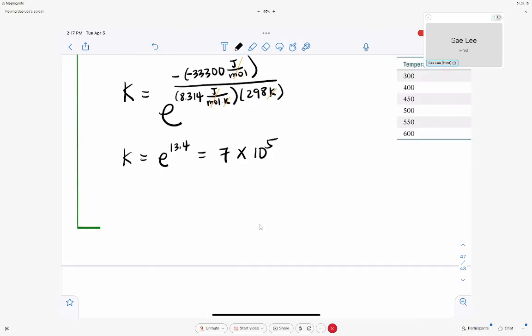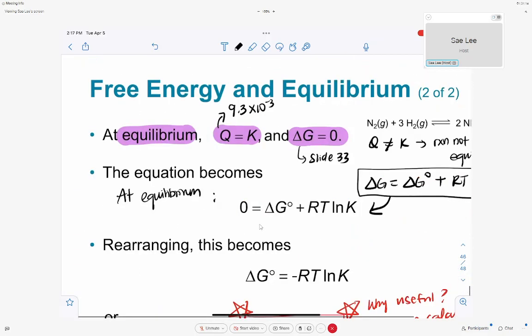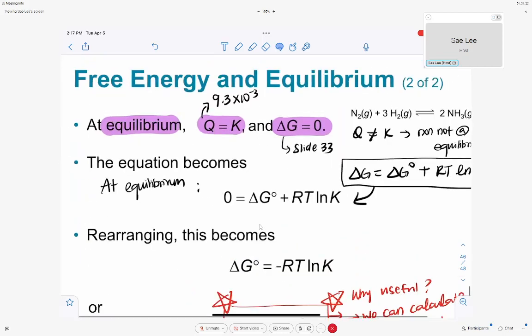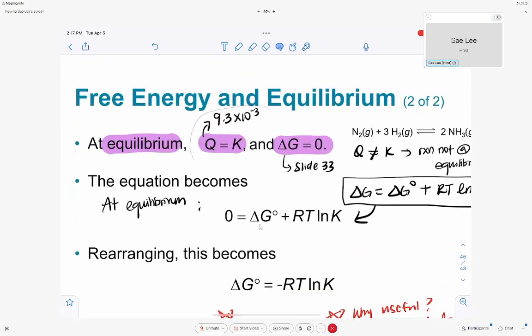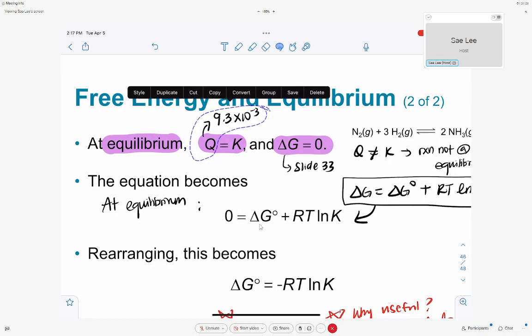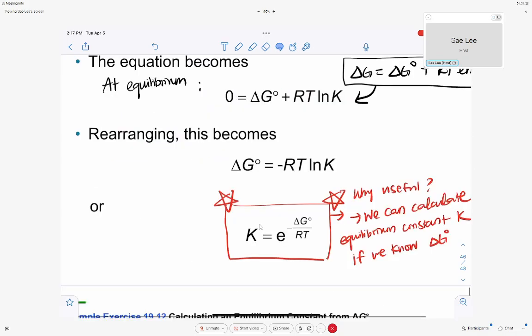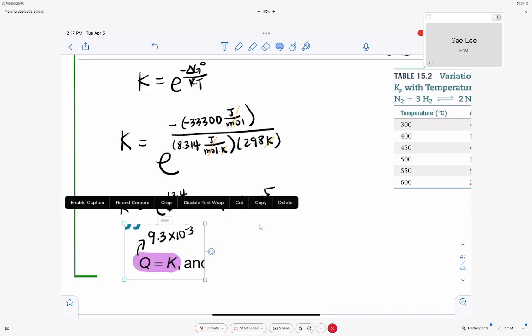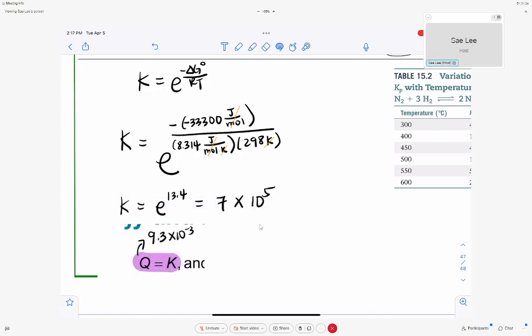Before we finish off, let's compare the Q value from sample exercise 19.11 versus the K value. The Q value was 9.3 times 10 to the negative 3.